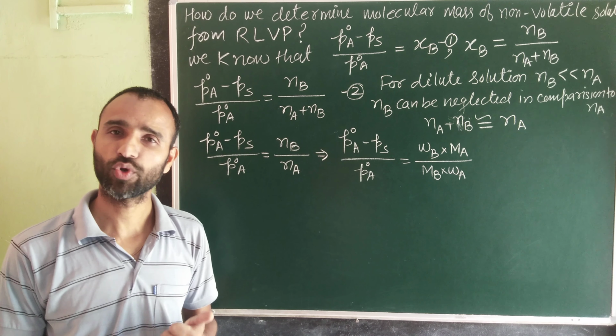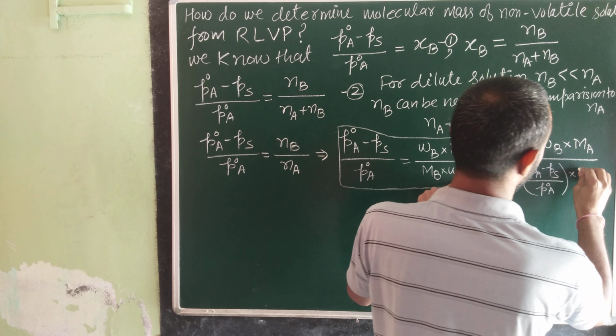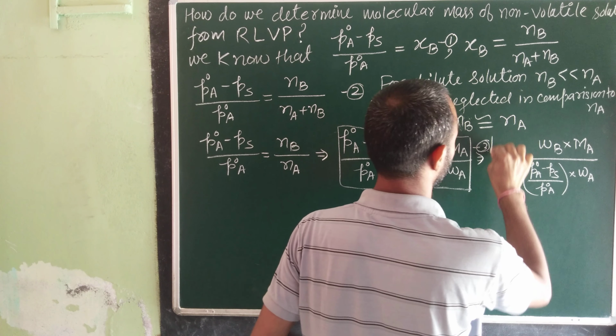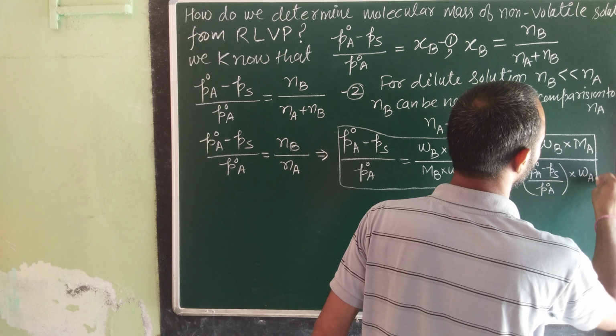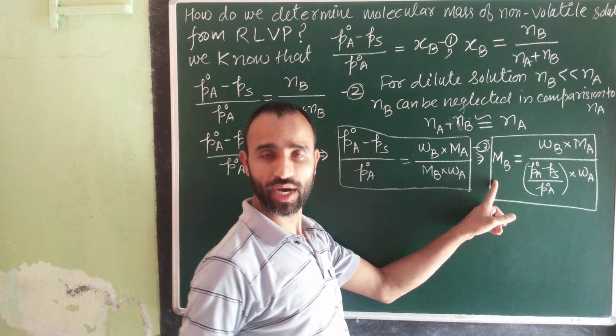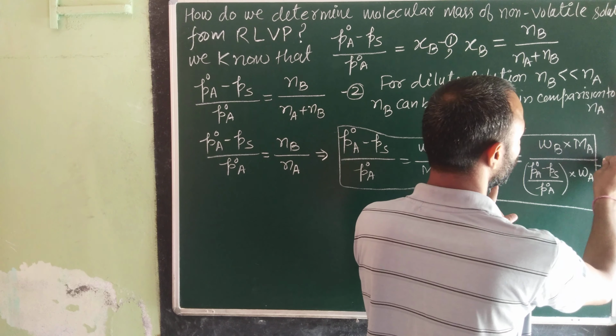Now Mb is equal to Wb into Ma divided by P naught A minus Ps over P naught A into Wa. So this is the way to calculate molecular mass of non-volatile solute by using relative lowering of vapor pressure.